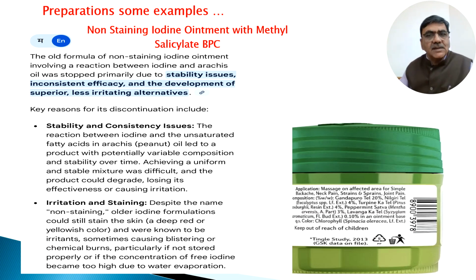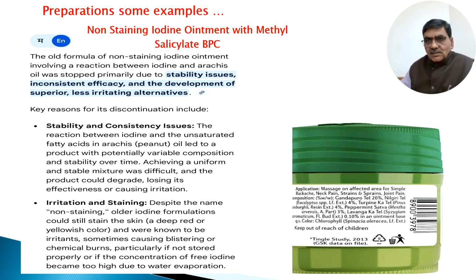So we'll take some examples from the syllabus. The first example is the non-staining iodine ointment with methyl salicylate BPC. What does Google say? Google says that this old preparation, which is based on the reaction between iodine and arachis oil, was stopped primarily due to stability issues, inconsistent efficacy, and development of superior or non-irritating alternatives.